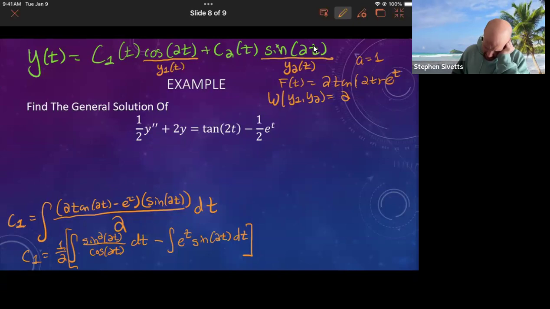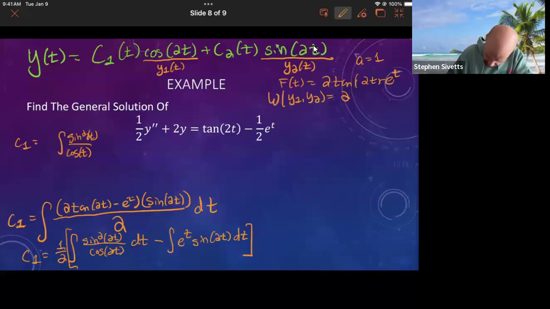So sine squared, C1, so that is two. So the first term would be reduced down to the integral of sine squared 2t over cosine 2t.